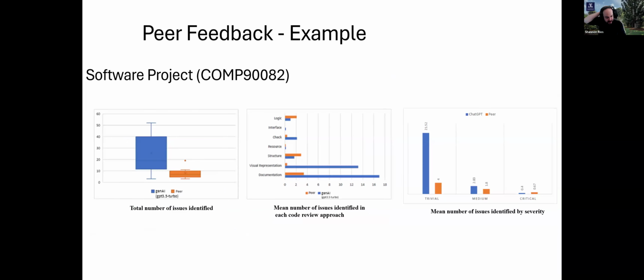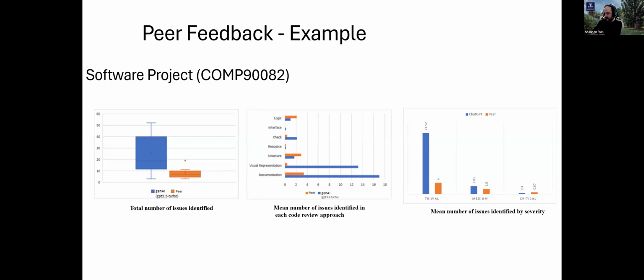In terms of its performance on identifying defects, the blue in these diagrams and graphs is the GenAI review. Simply put, it massively outperformed the student peer review in the total number of issues identified on average. It underperformed on a couple of the specific types of issues, but generally speaking, it outperformed on most of them. So it massively outperformed in visual representation and documentation, and underperformed on structure and logic compared to the human review or the peer review.